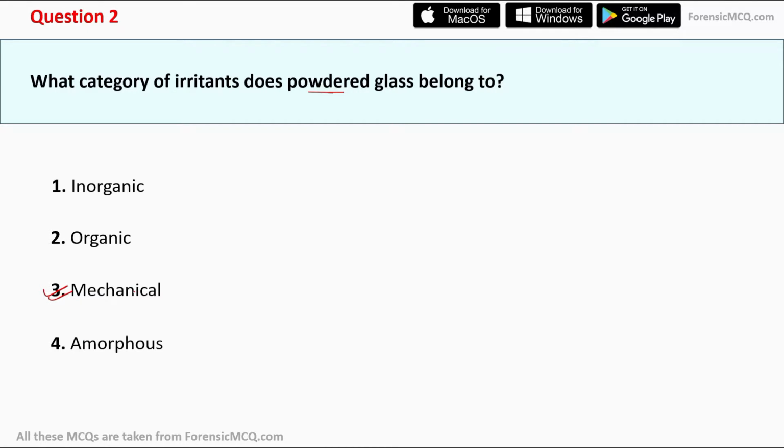So powder glass is a mechanical type of irritant, and other mechanical irritants are diamond dust, needle, and hair. Apart from powder glass, diamond dust, needle, and hair are also called mechanical irritants.